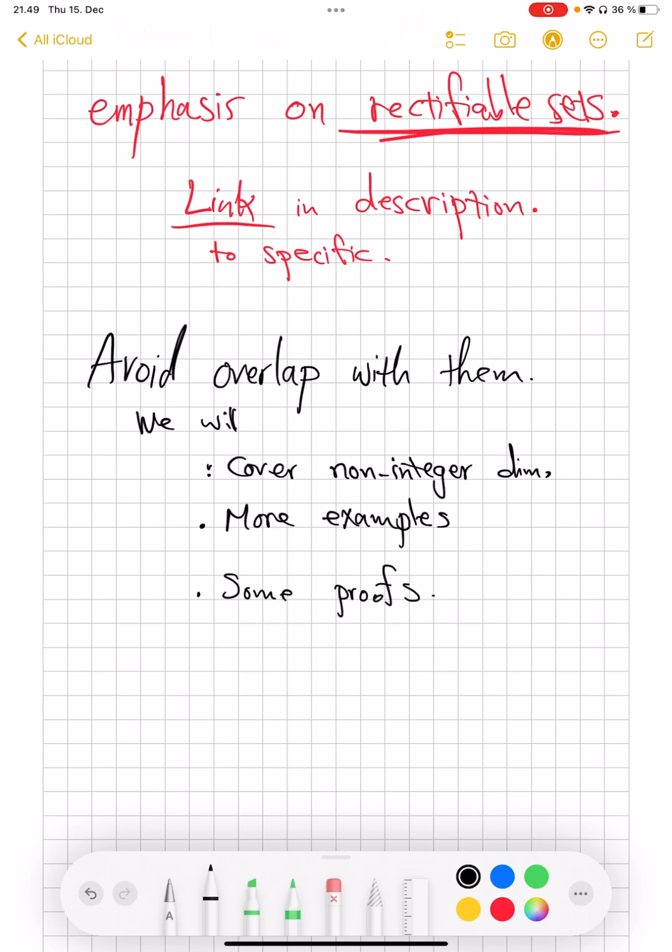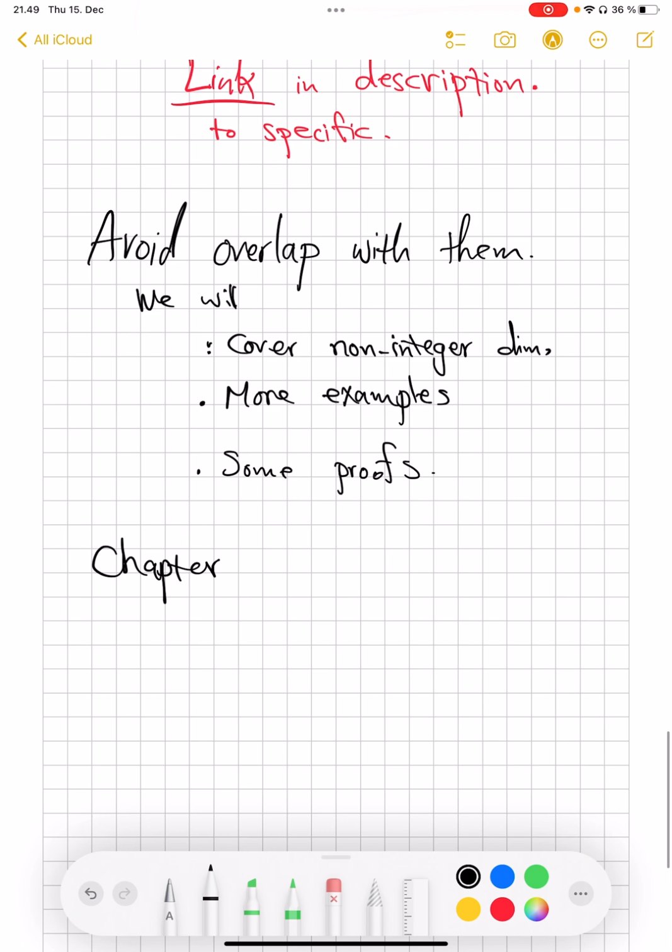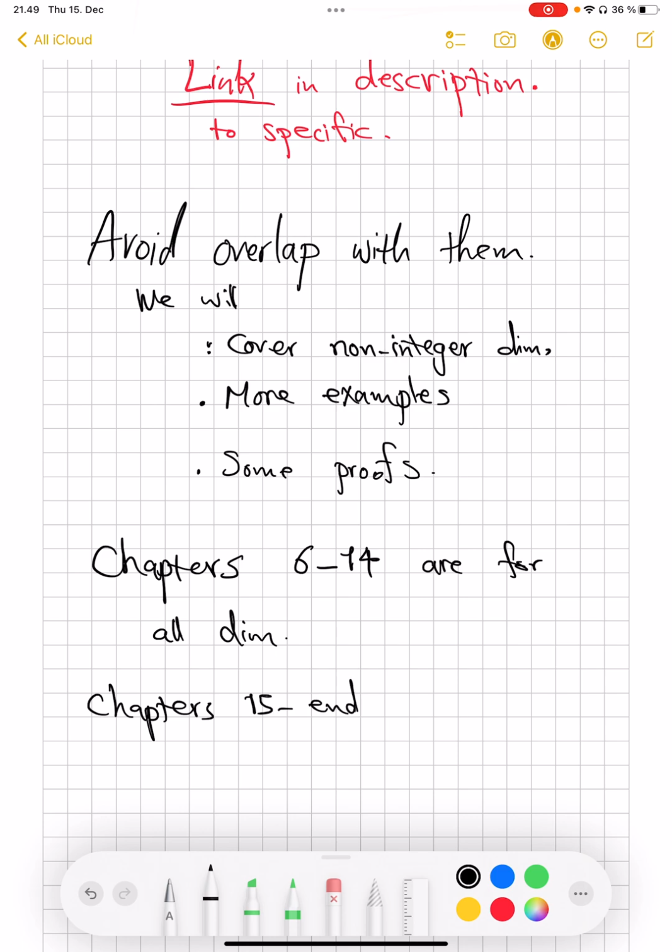Okay, so the main resource we've been using, as you all are aware of, is the book by Mattila. So chapters 6 to 14 are for all dimensions, integer and non-integer, and then chapters 15 to the end of the book cover rectifiability, basically.